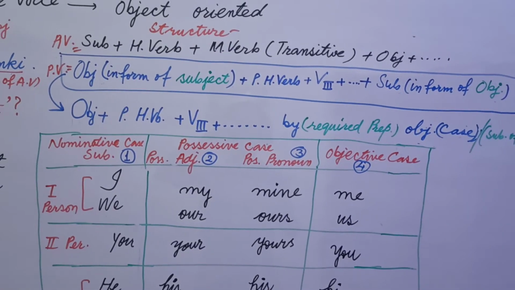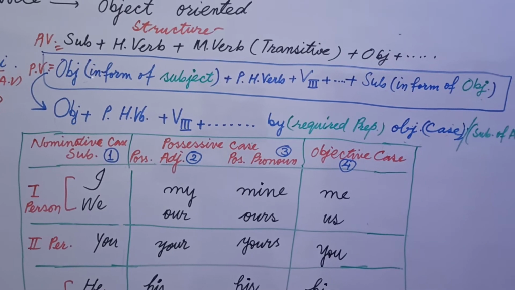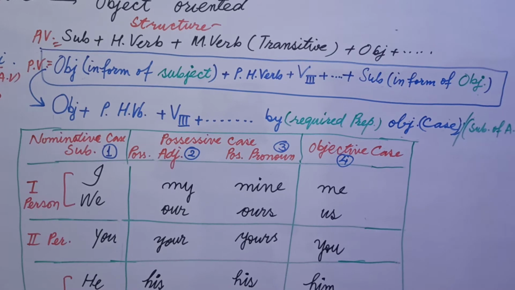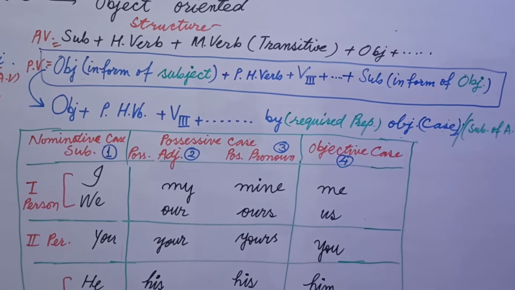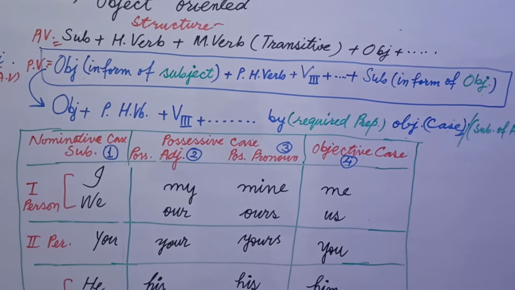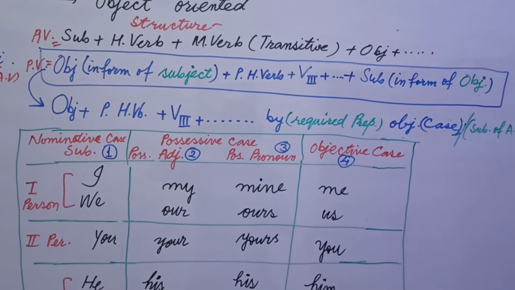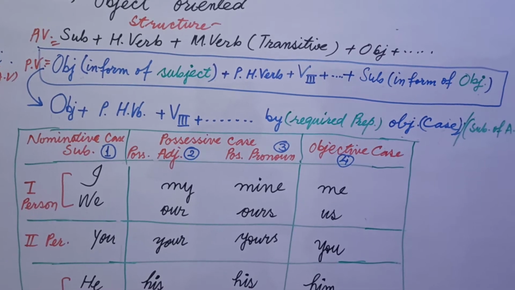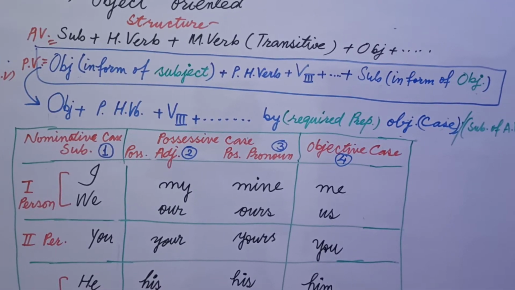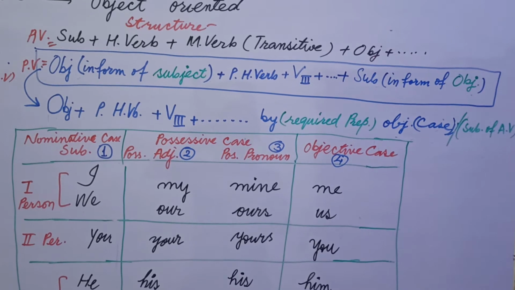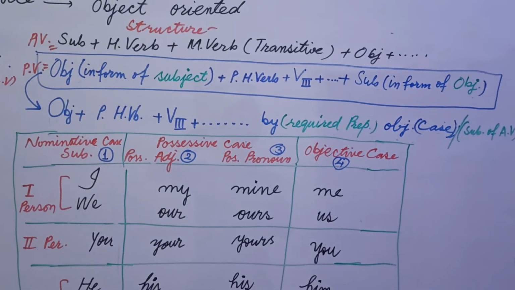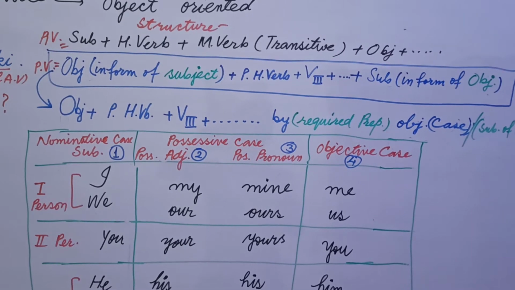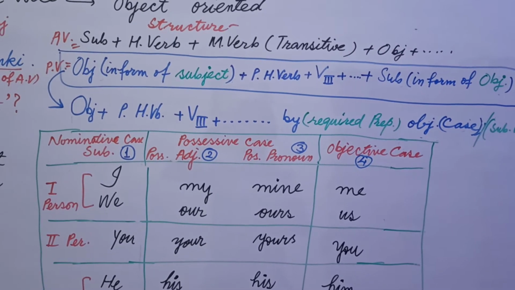Now students, please don't get confused about subject and object in form of subject. I will make you understand very slowly. Suppose this is subject I, and you write it in the end, you write by me. Means the subject of active voice is written in form of object, okay, and the object of active voice is written in form of subject.